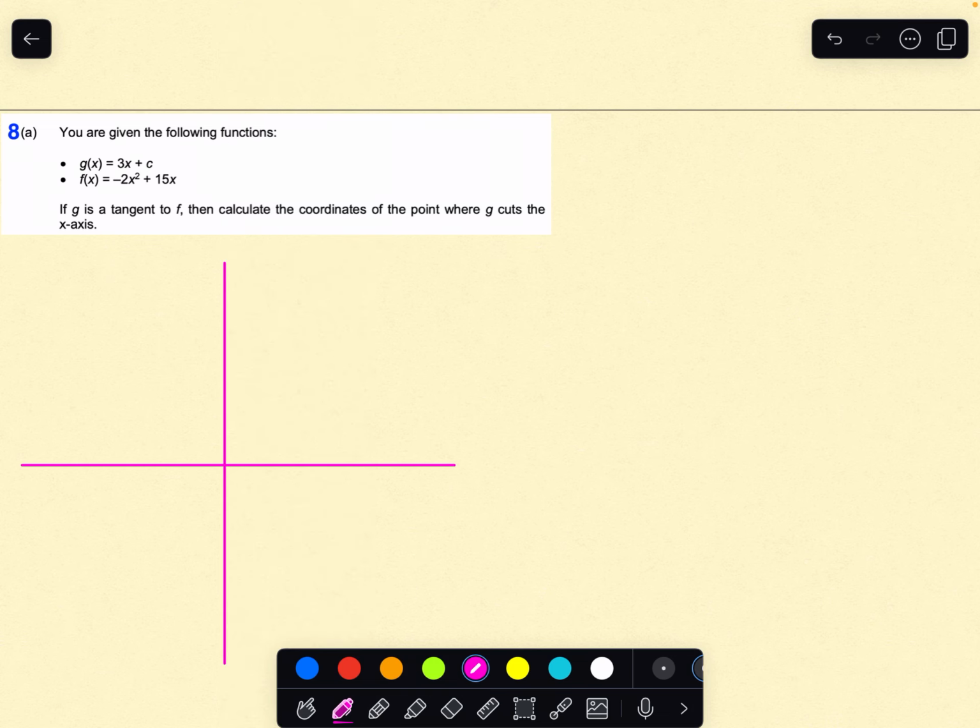Okay, so we have a straight line. G of x is equal to 3x plus c, so that's a line with a positive gradient. We don't know where the y-intercept is, so let's say maybe 3x looks like that.